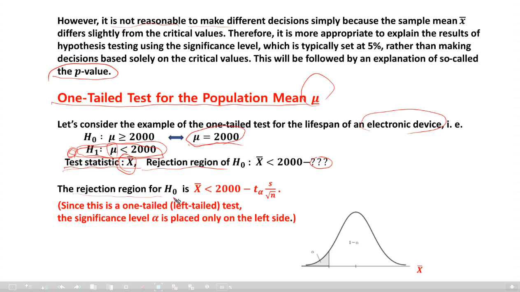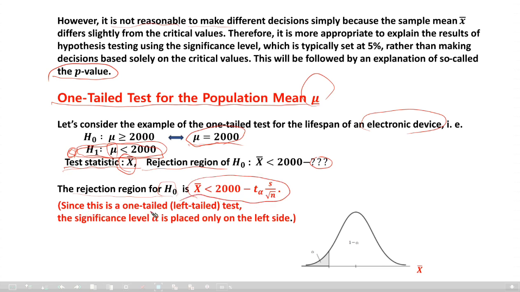The rejection region for H naught is 2000 minus t alpha, not alpha over 2, times s over square root n. I hope you understand why.